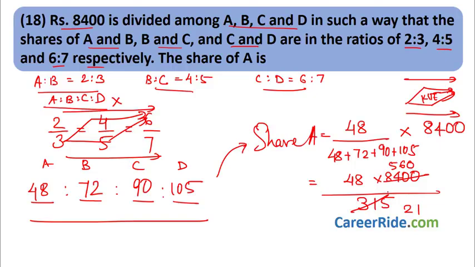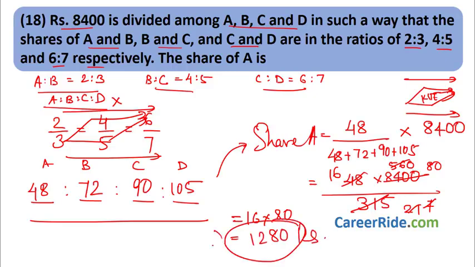Now we have 16 into 80, that would be 16 into 8, 160 minus 32, that would be 128, 1280 rupees is the share of A. See how easy it was.